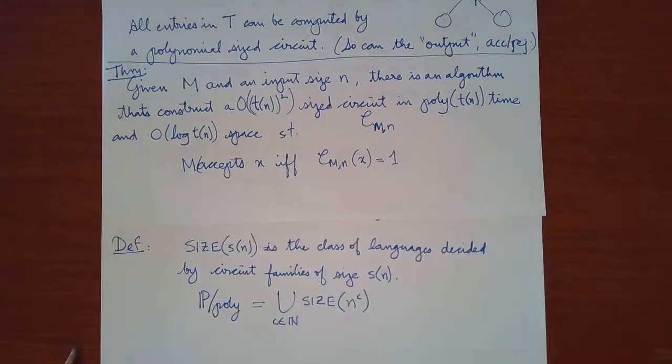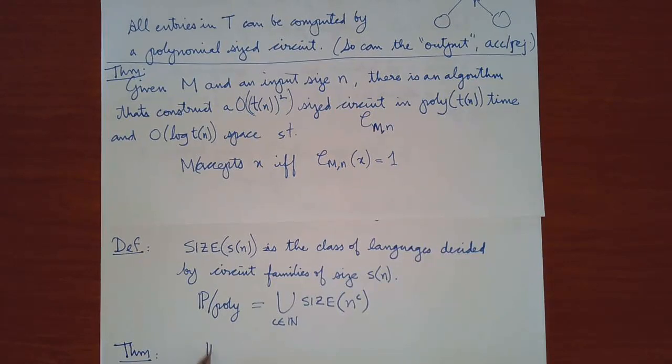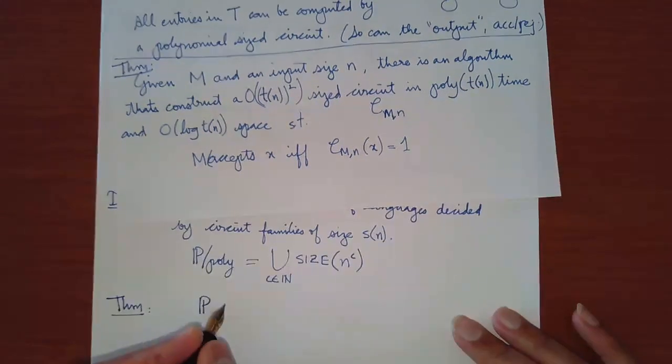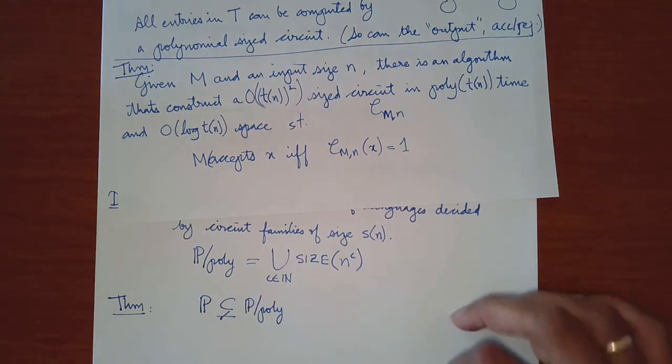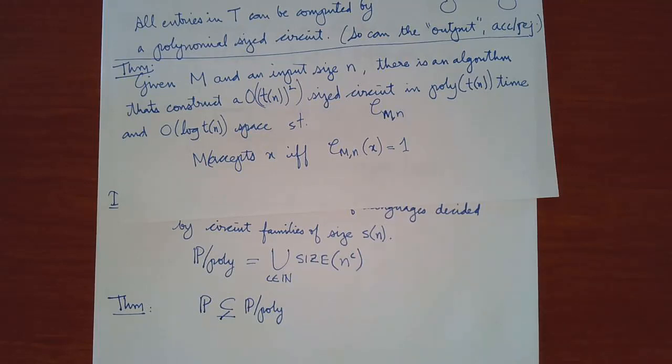But you're absolutely right that P is in P/poly. And actually, I can do even better. I can show it's a strict subset. There exist functions that are computable by polynomial-sized circuits that cannot be computed in polynomial time.